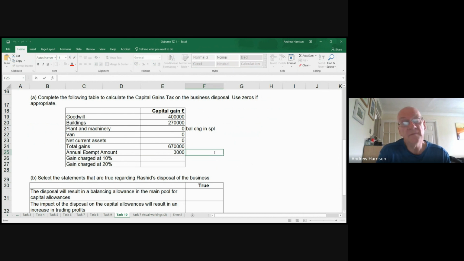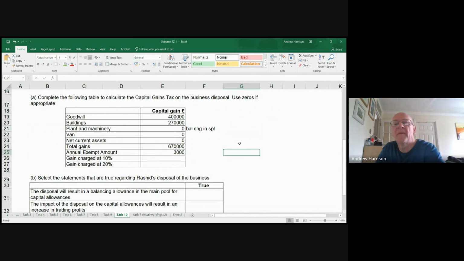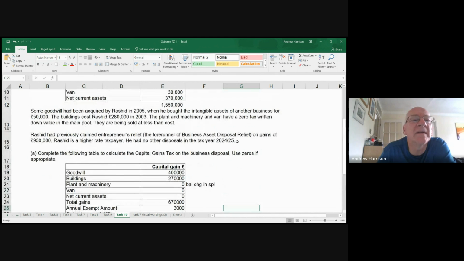Any individual, of course, he's a sole trader so he's an individual, is allowed to make £3,000 of capital gains in any year before paying tax. So this little bit, we need to know about the business asset disposal relief. You may get this as a percentage rather than a pound sign. You're allowed £1 million lifetime.